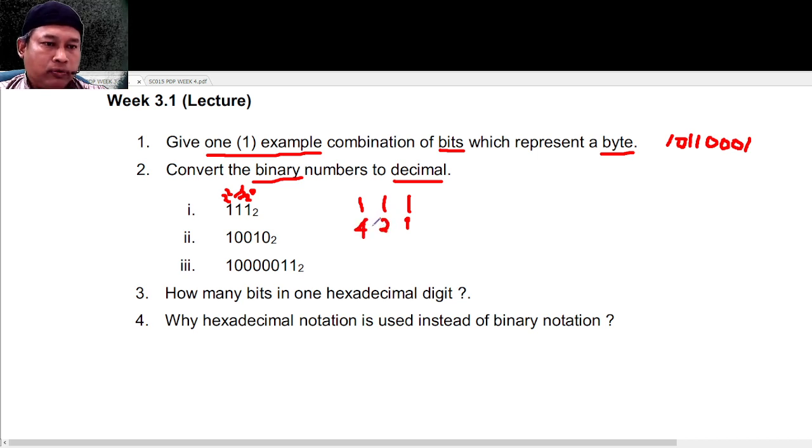This is counting 1 to 4. So 4 plus 2 plus 1 equals 7. So the 7 is a decimal number. You do not need to show the base of the decimal number, because decimal numbers are what everyone knows, no need to show the base of the decimal.